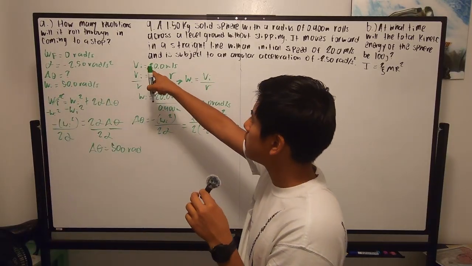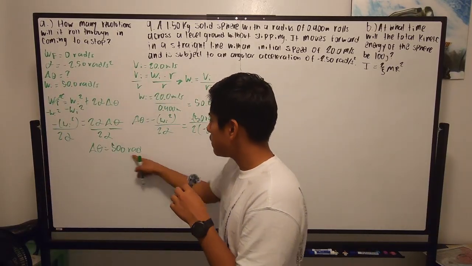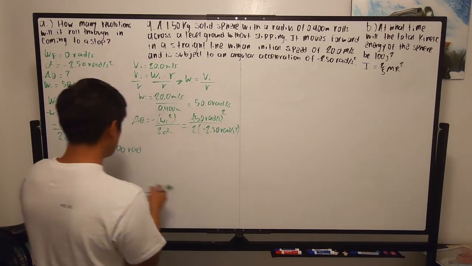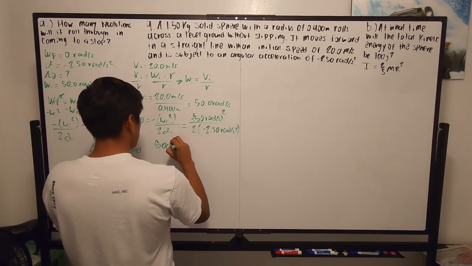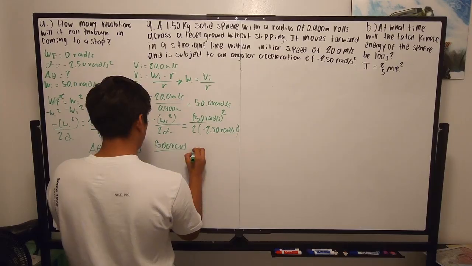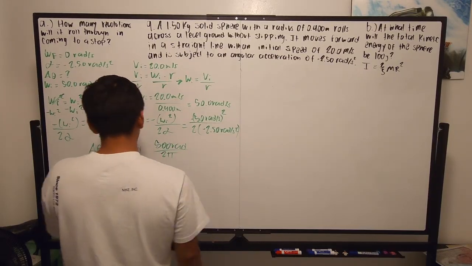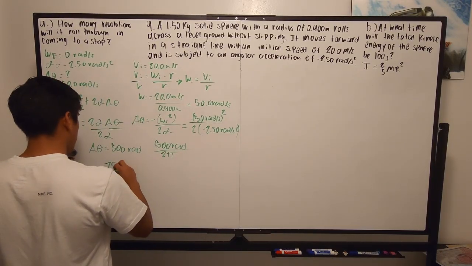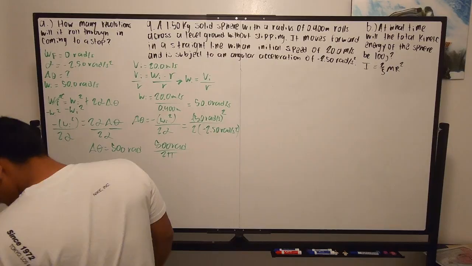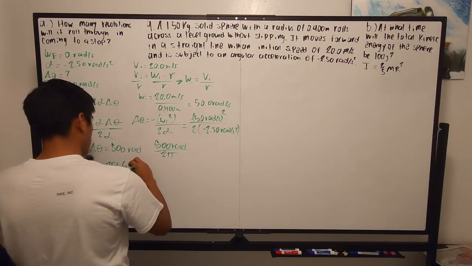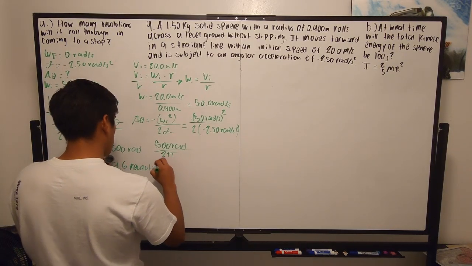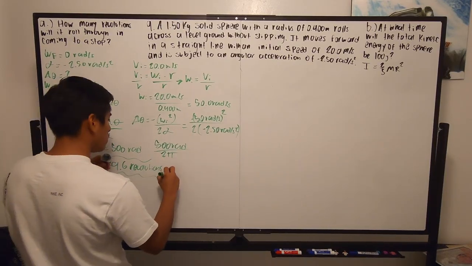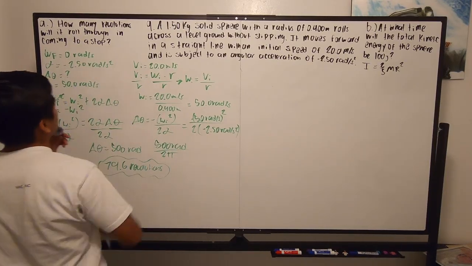But it's asking us for revolutions. So to convert this 500 radians to revolutions, we are just going to divide by 2 pi. Rounding, we'll get 59.6 revolutions. So that's how many revolutions it's going to go through in coming to a stop.